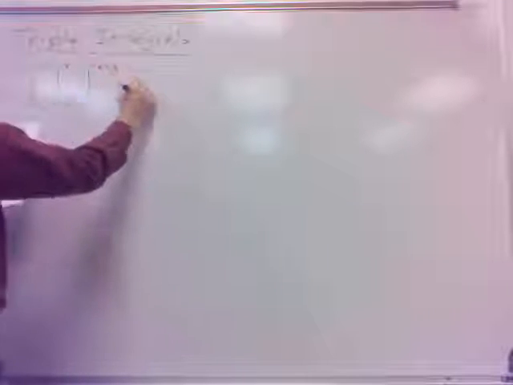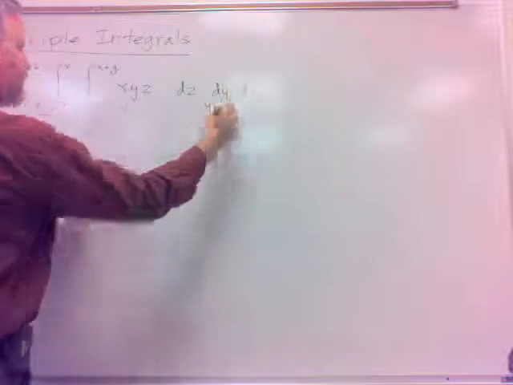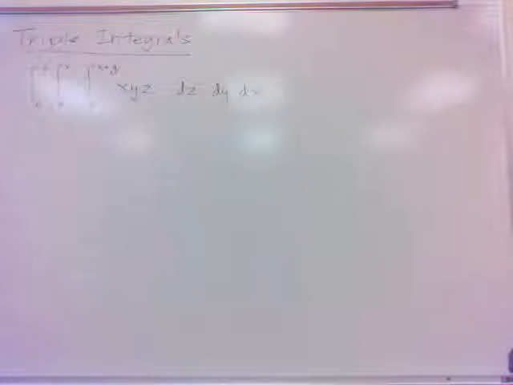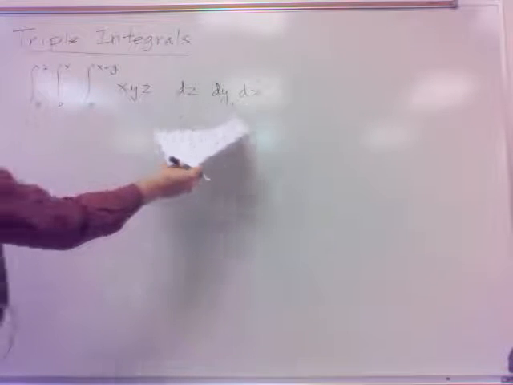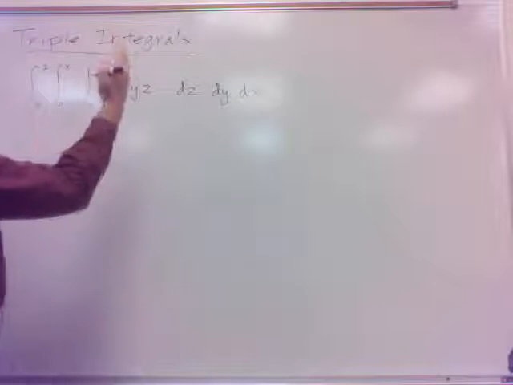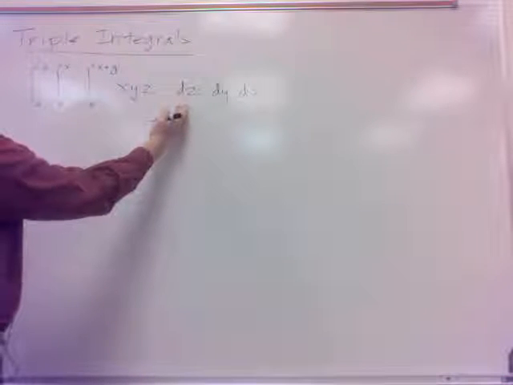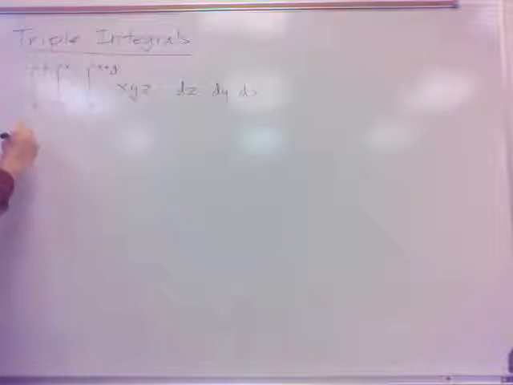I think we would probably recognize that now we've got three integrals there, and the order here in this case, dz, dy, dx, we know what that means. The z comes first, the y, and then the x. Same old, right? Do the integral with respect to z first, hold the x and the y constant.